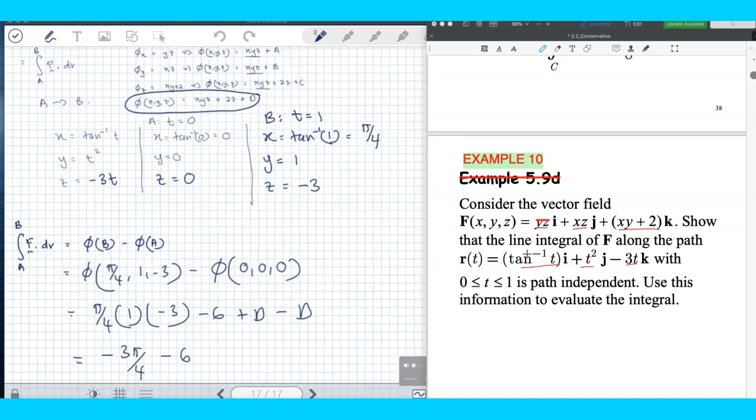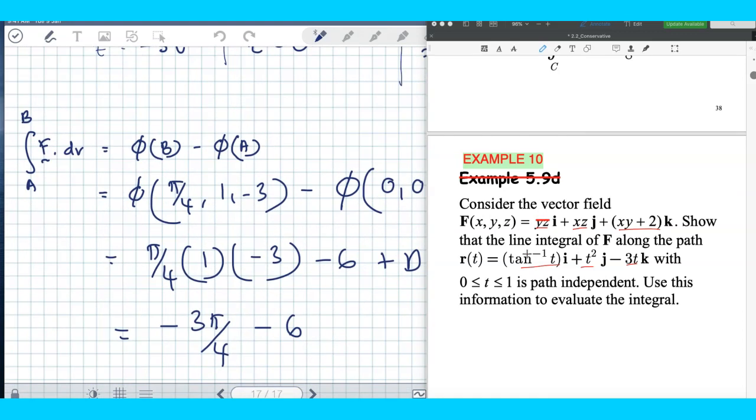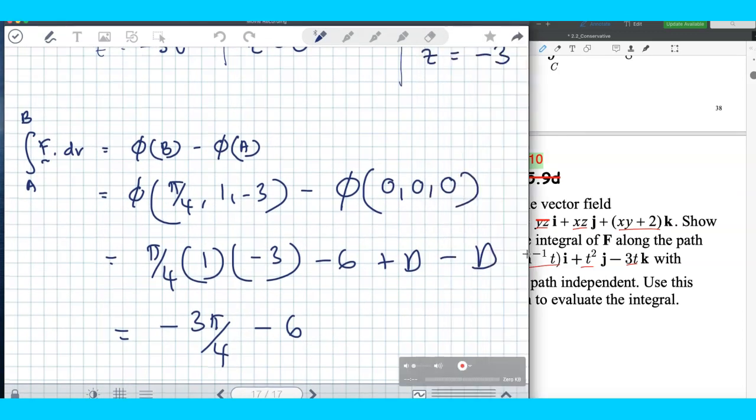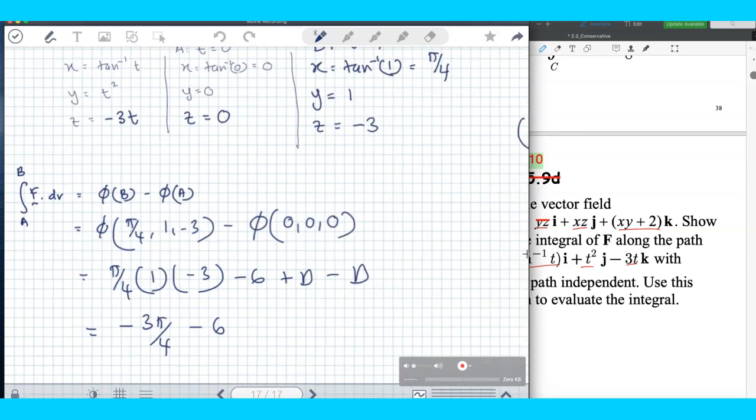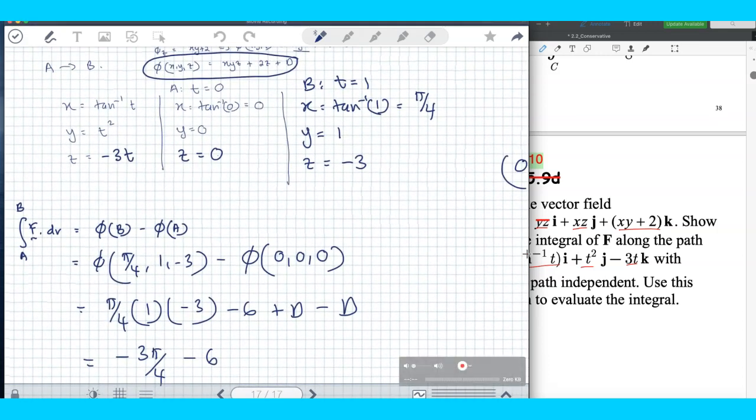Then by using the fundamental theorem of calculus, we substitute phi at point B and phi at point A. Substituting the point into the scalar potential function that we obtained, pi over 4 multiplied by 1 multiplied by minus 3, and then you have plus 2z, so 2 multiplied by minus 3, giving minus 6 plus d.